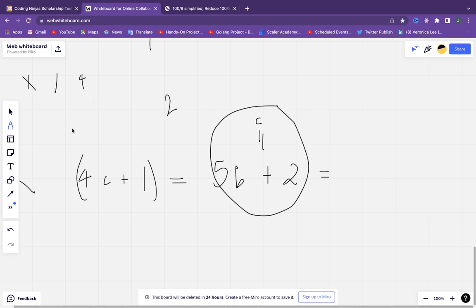So this is the number. This is not here, this is the number. C is equal to this, and then B is equal to 6, let's say A plus 3. So that is our equation.